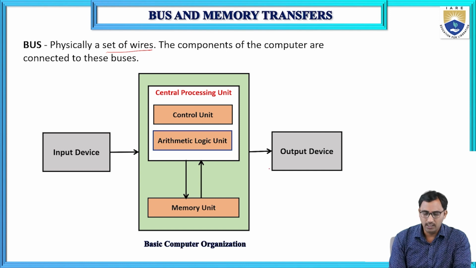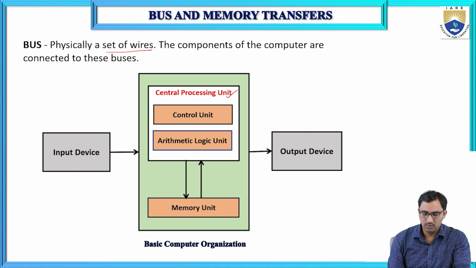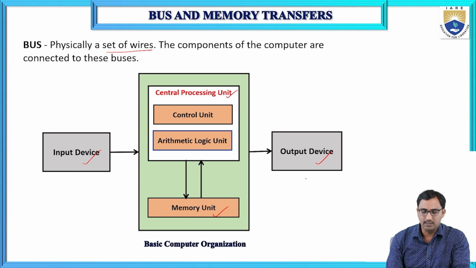So here you can see the basic computer organization. Mainly the basic computer has three functional parts: CPU, memory subsystem, and IO subsystem, that includes both input devices as well as output devices.